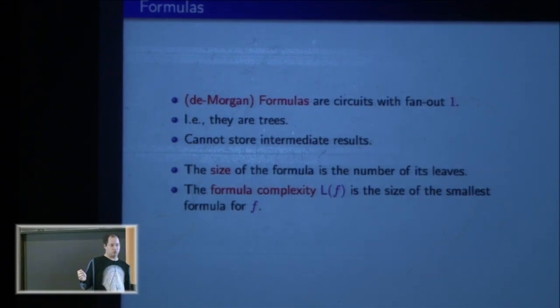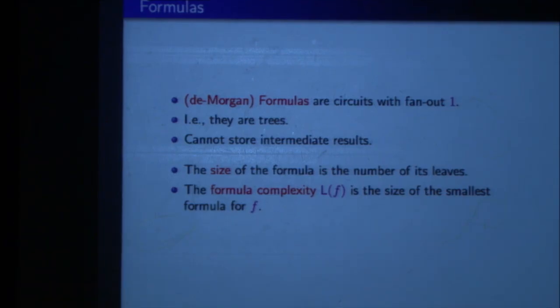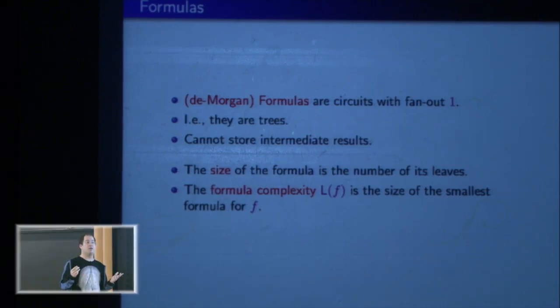We have no idea how to do it or even how to approach it. So what we do instead is to take restricted forms of circuits and try to analyze them. And hopefully, once we can prove decent lower bounds against restricted forms of circuits, it might give us a handle on how to prove lower bounds on general circuits. So formulas are one sort of restricted model that is very natural and interesting to analyze.